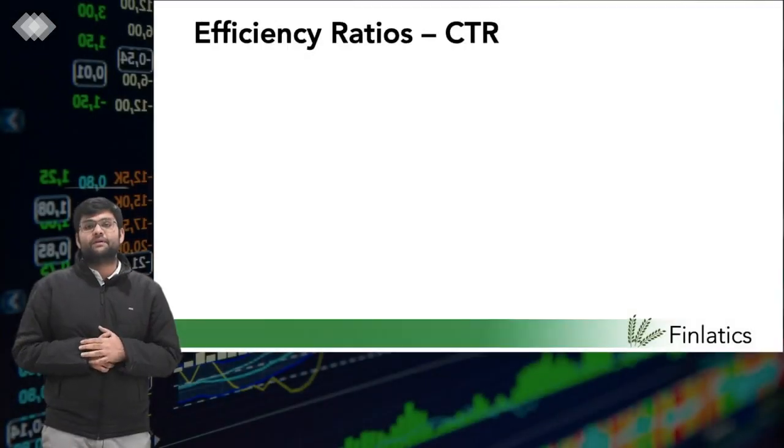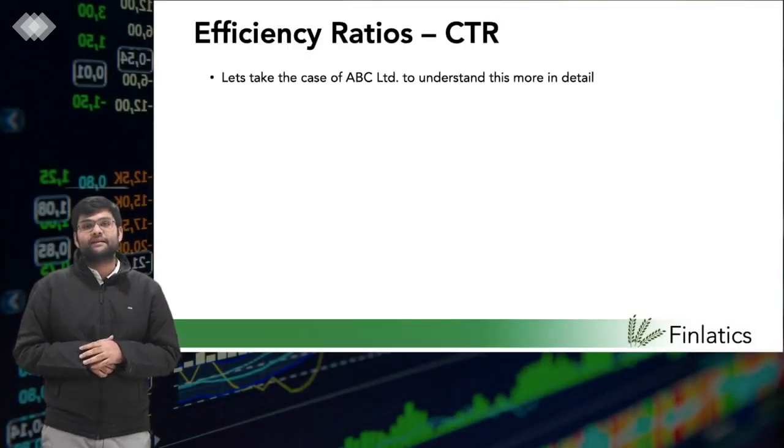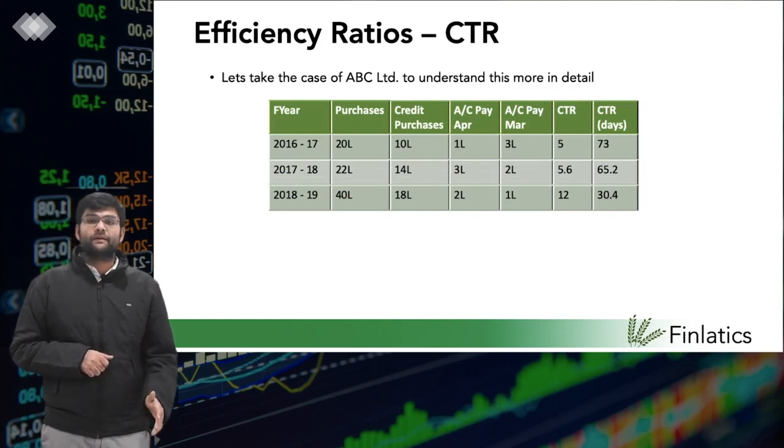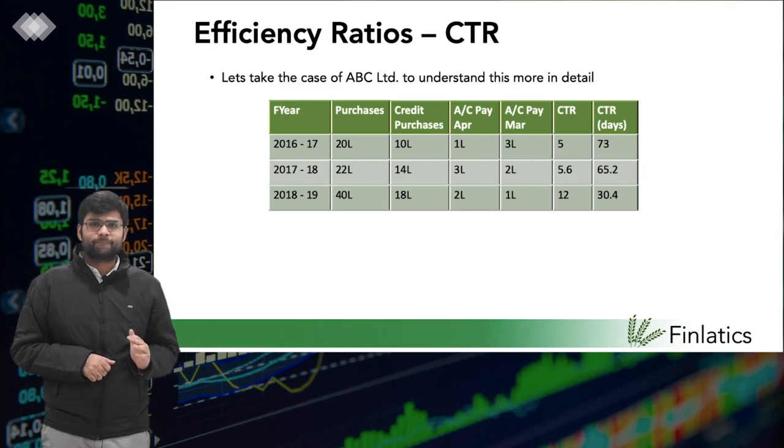Let's take the example of ABC Limited to understand this in more detail. As we can see from the table below, the creditors turnover ratio has gone from 5 in 2016-17 to 12 in 2018-19.